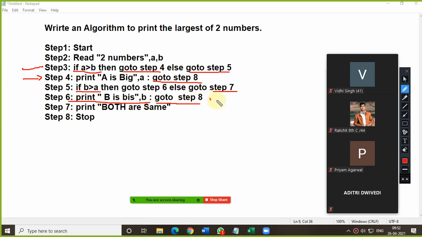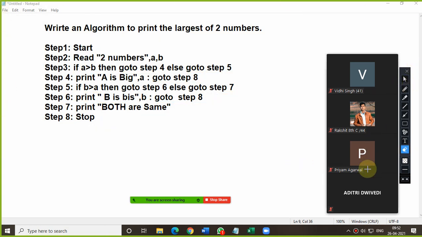After that, the program stops, so you come directly to step 8. But if step 3 and step 5 are both false, automatically step 7 will execute, and in that you are printing a message, both are same values, and then it will automatically come to the next step. Am I clear on this? Yes, sir. Any doubt?